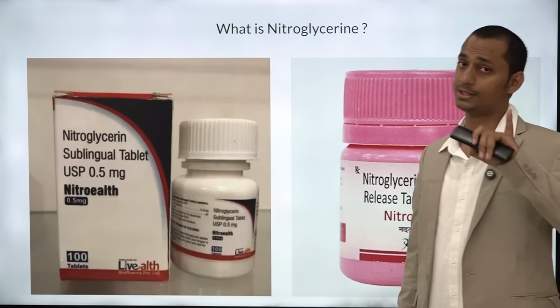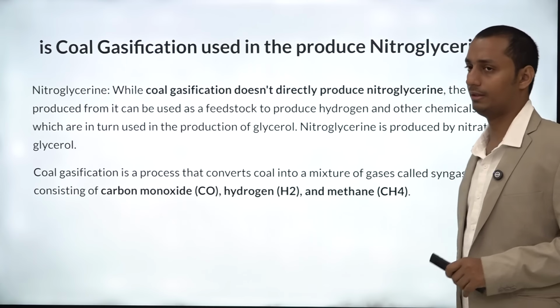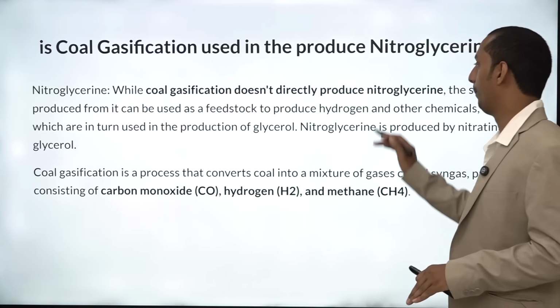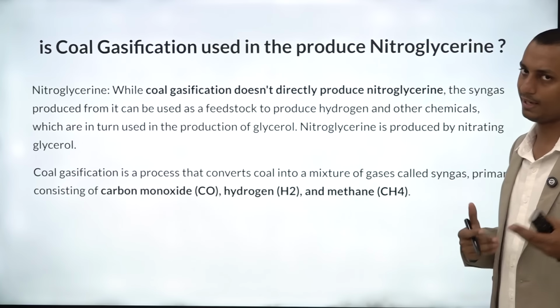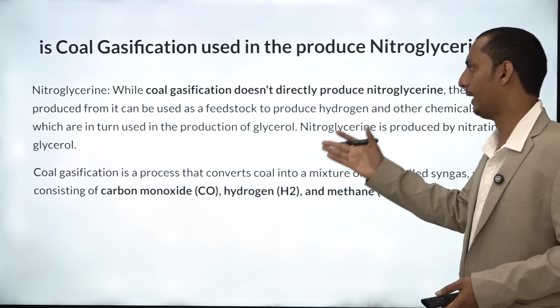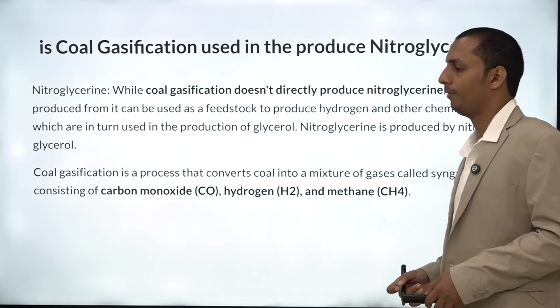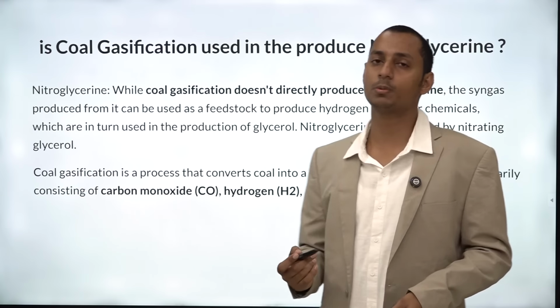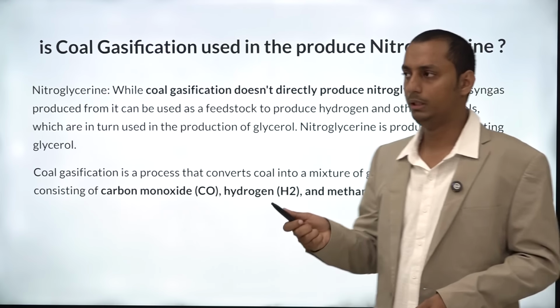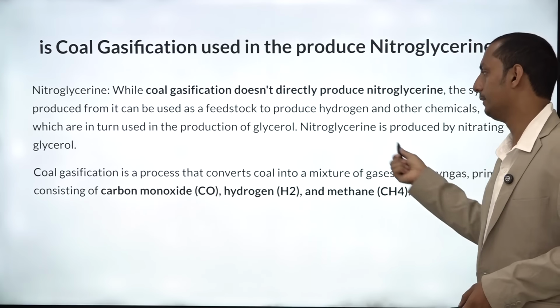Let me tell you, the answer is no. Because while coal gasification doesn't directly produce nitroglycerin, the synthetic gas which is produced can be used as a feedstock to produce hydrogen and other chemicals, which in turn can be used to produce glycerol. Now, the nitration of glycerol is basically what gives us nitroglycerin.